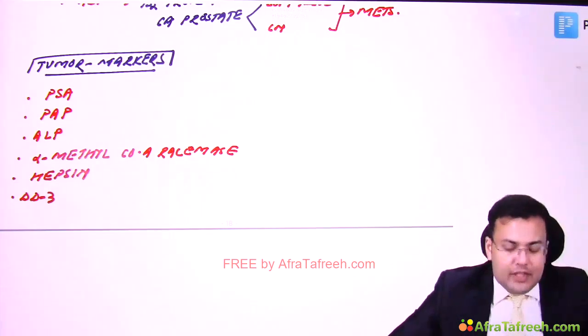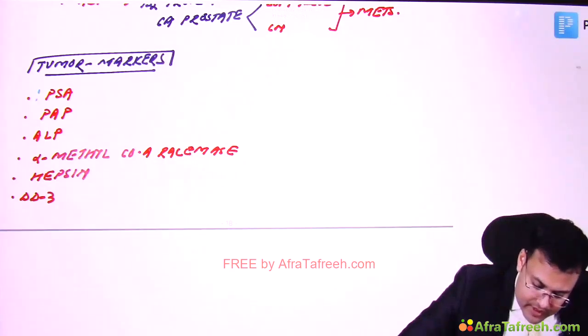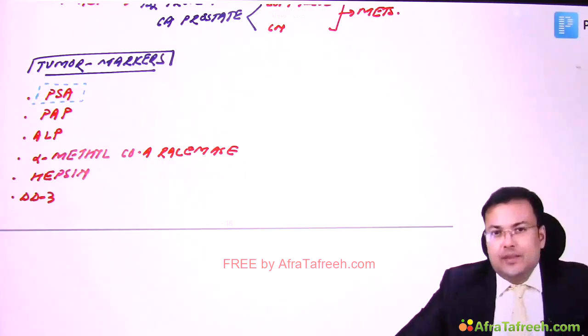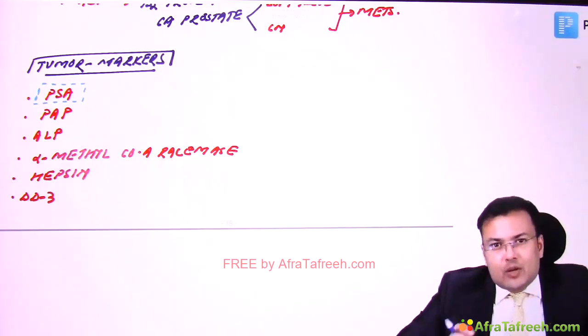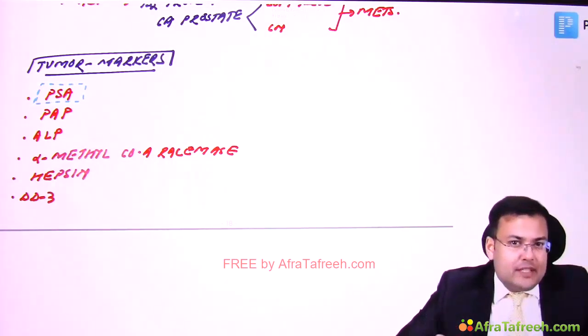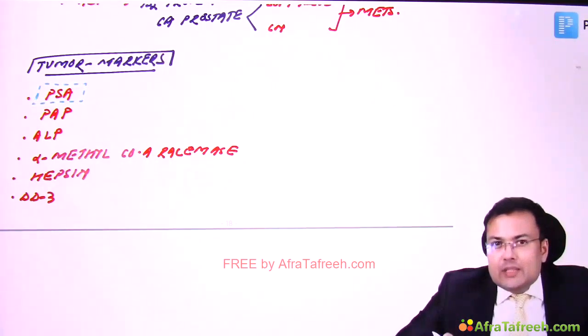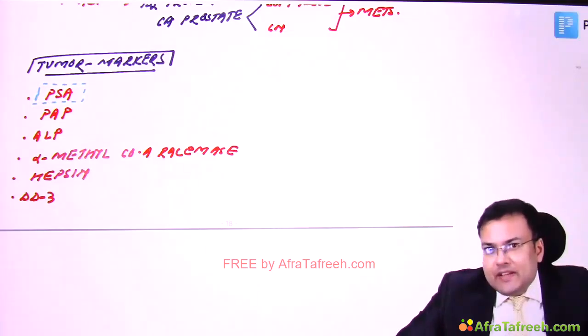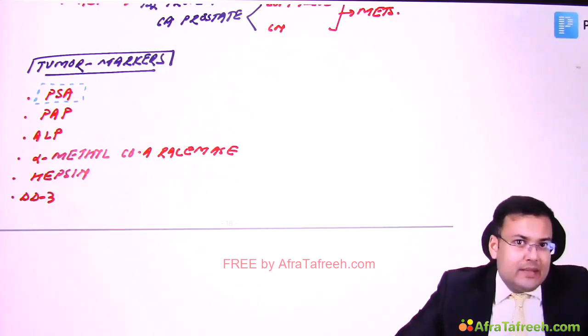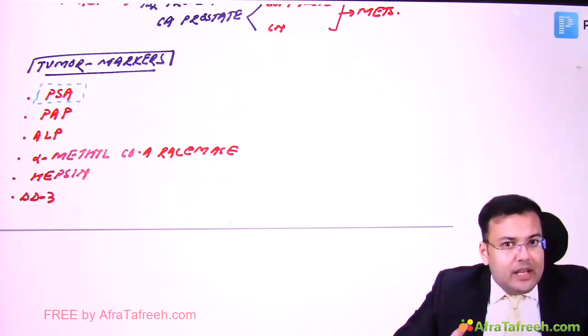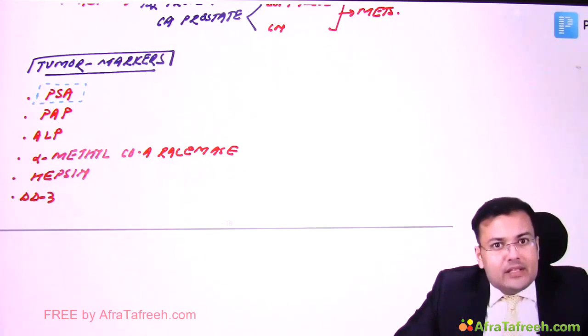Out of these, which one is most important? The most important is prostate specific antigen, PSA. Now what is the name? Prostate specific antigen. So this term is self-explanatory, that this marker is prostate specific, not cancer specific. What does it mean? It means that it will be raised in both benign as well as malignant conditions.